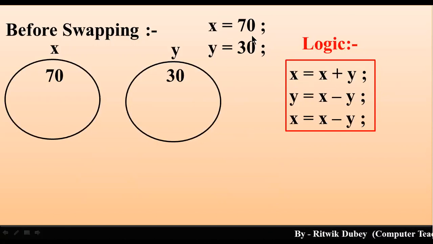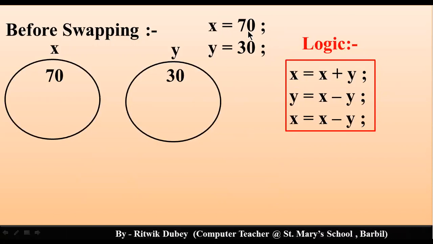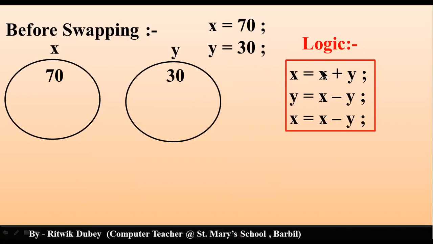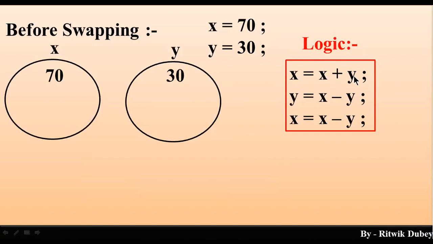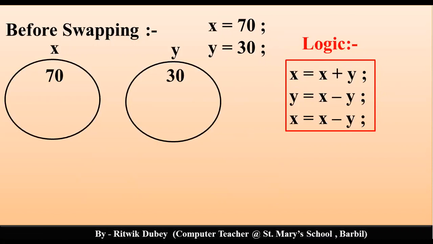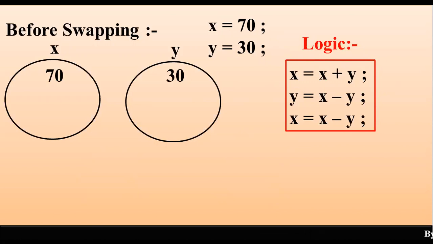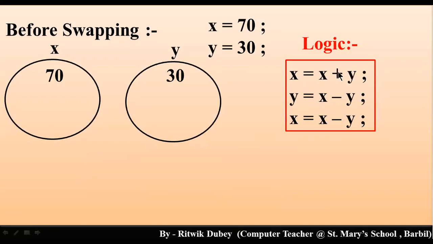The initial value of x is 70 and the initial value of y is 30. Now you tell me, 70 plus 30, what is the value? 100. Yes or no? x plus y means 70 plus 30 is equal to 100.